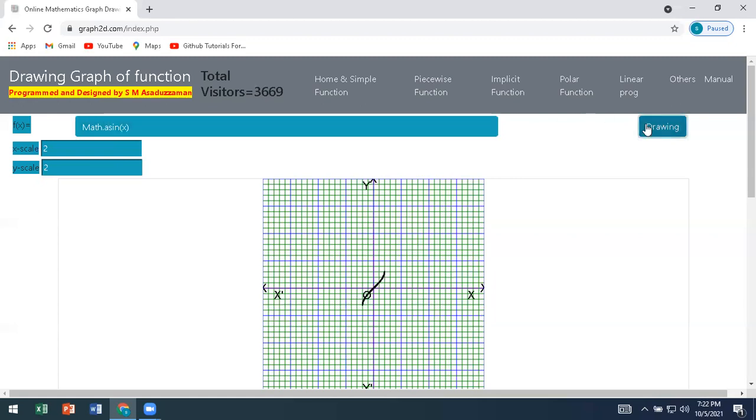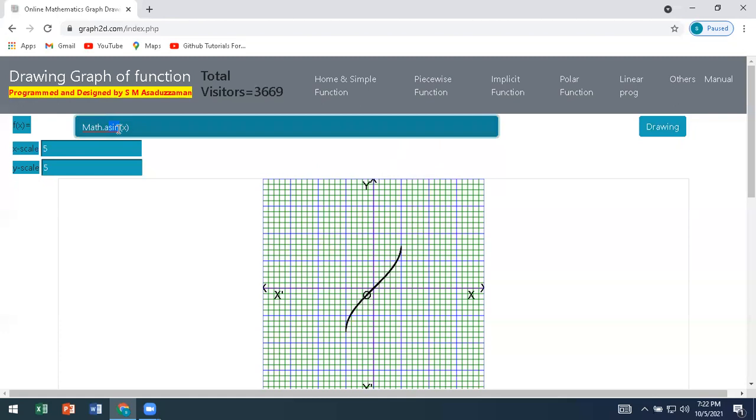Pressing the drawing button, we get the graph of sin inverse x. We change the x scale 5, y scale 5, and then press the drawing button. Then we get the graph of sin inverse x.